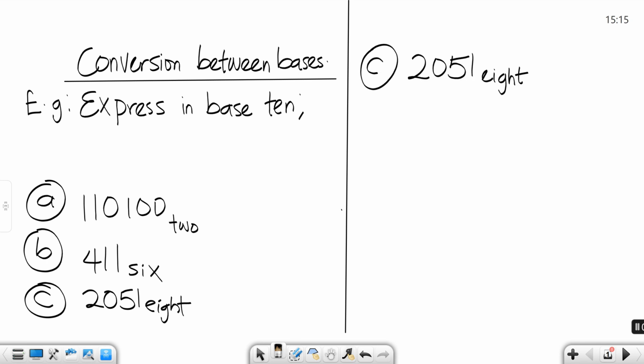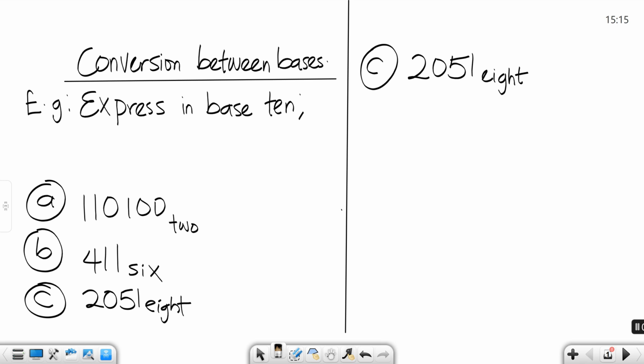So let's look at this example, which is the last example for this lesson. We have this number in base 8. So the first thing we are going to be doing is to multiply each of the numbers from our left hand side to the right hand side, which is base.